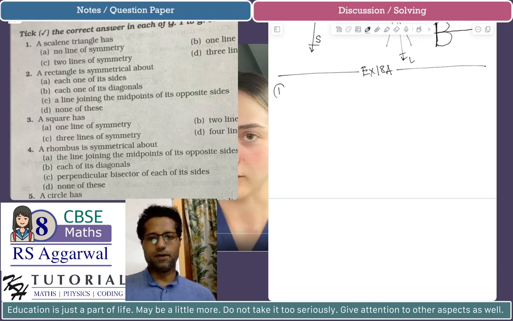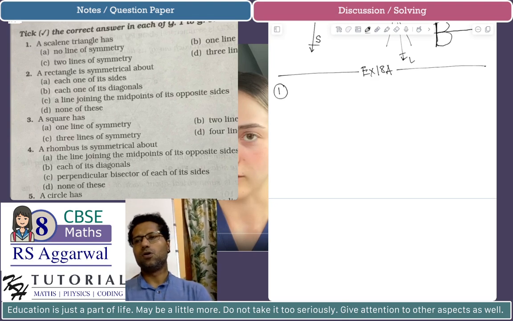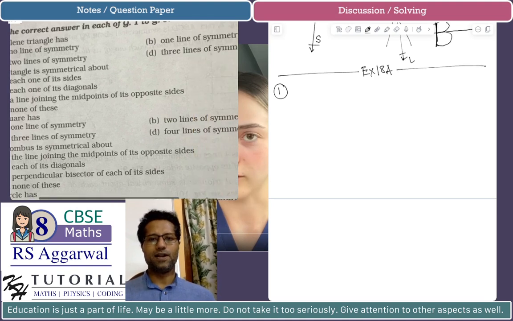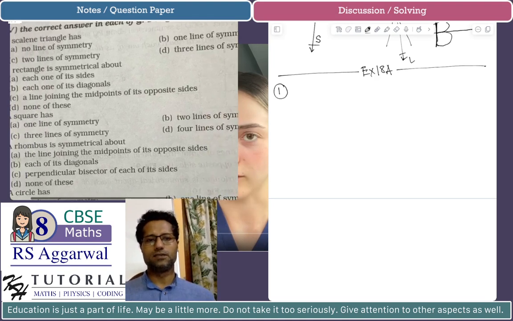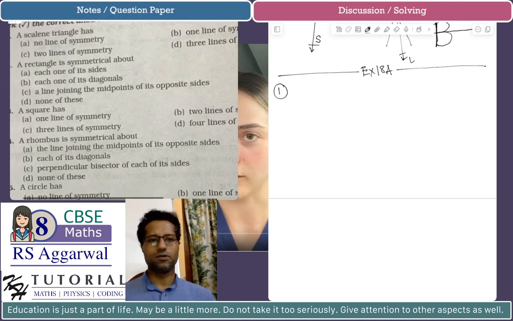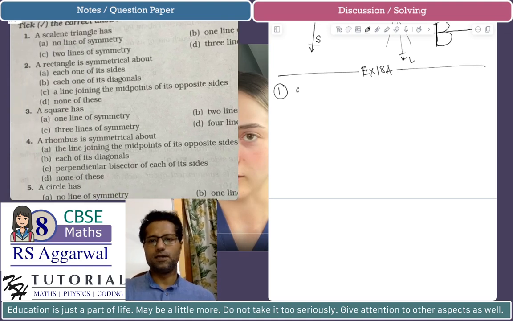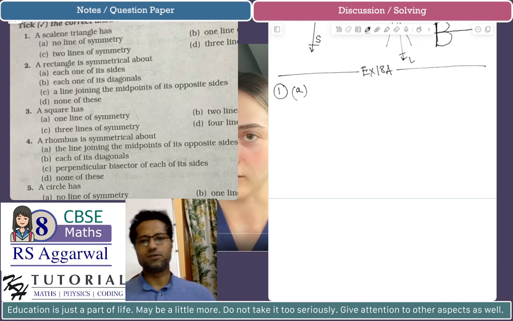So question number 1 is that a scalene triangle means a triangle where all the three sides are unequal and also all the angles are unequal. A scalene triangle has no line of symmetry, one line of symmetry, two lines of symmetry, three lines of symmetry. So definitely the answer is choice A. It has no lines of symmetry, because since it is a scalene, all the sides are unequal.